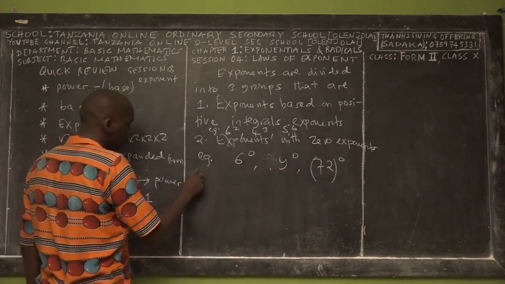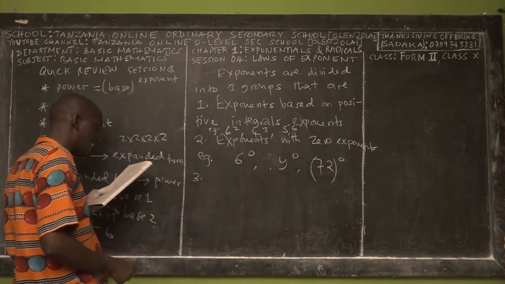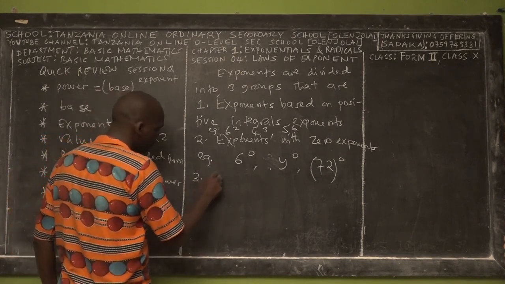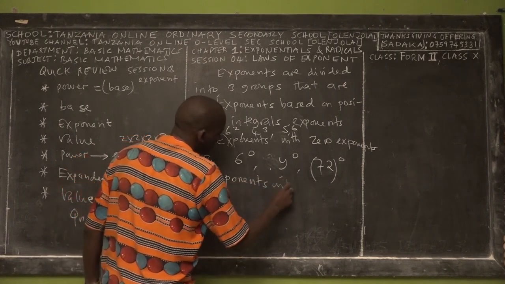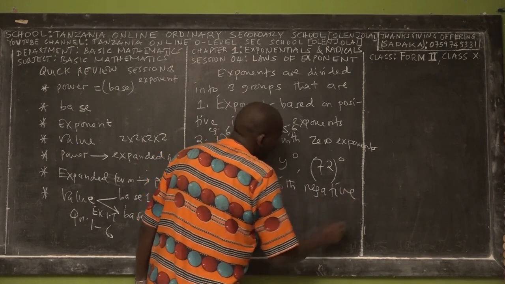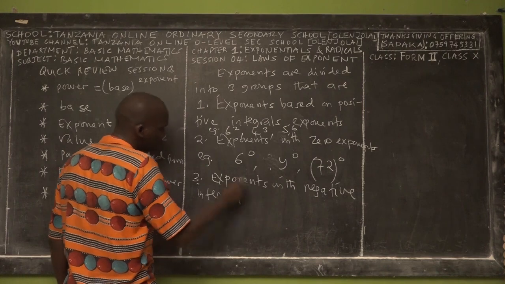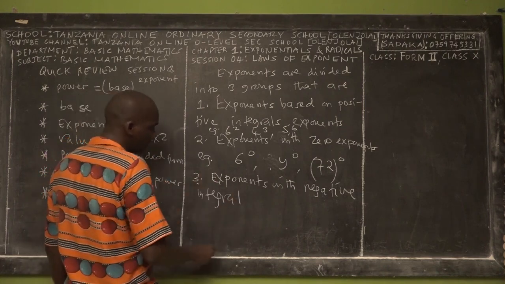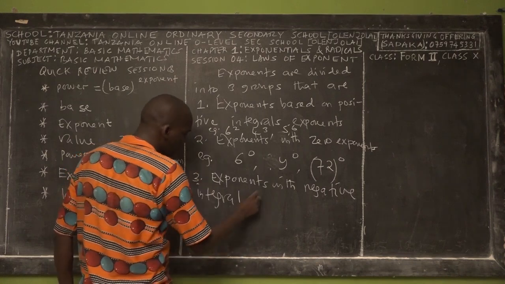Then the third category of exponents is exponents with negative integrals. We haven't discussed this part. Negative integrals means negative integral exponents.